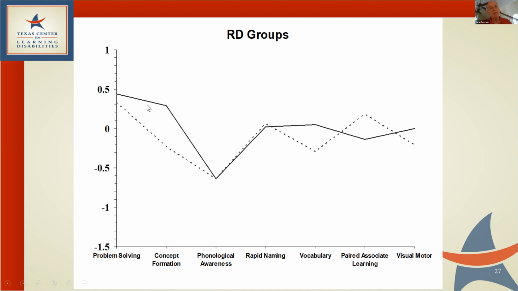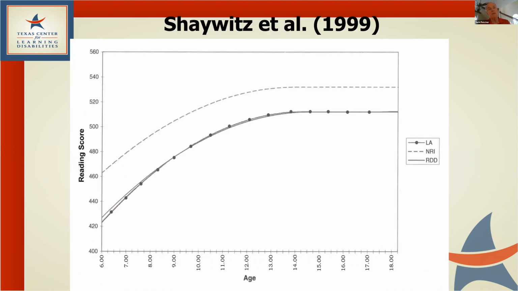The difference in these other cognitive skills, which robustly discriminated kids with dyslexia from the other kids, is 3/10 of a standard deviation on average. But notice, these are the low achievers here. There's actually no difference in phonological awareness or rapid naming, which are the two key cognitive correlates of dyslexia, and there's no difference in intervention response in these groups.